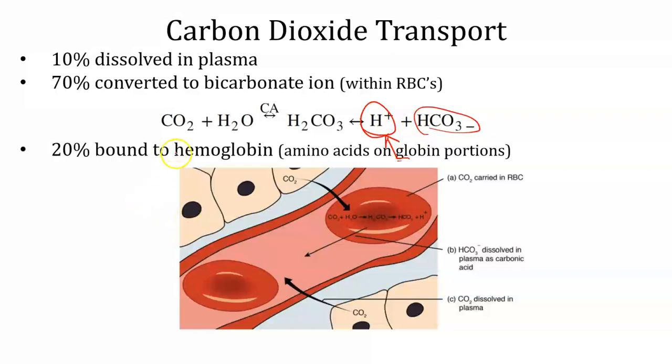And then the rest of it, about 20%, is bound to hemoglobin, although we have to be careful here. Oxygen is bound, see if you can remember, where is the oxygen bound on the hemoglobin? It's bound to the heme groups, specifically the iron. And the CO2 is actually bound to the amino acid bits.